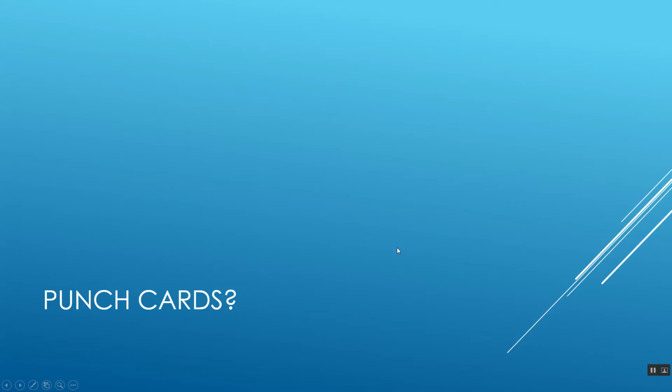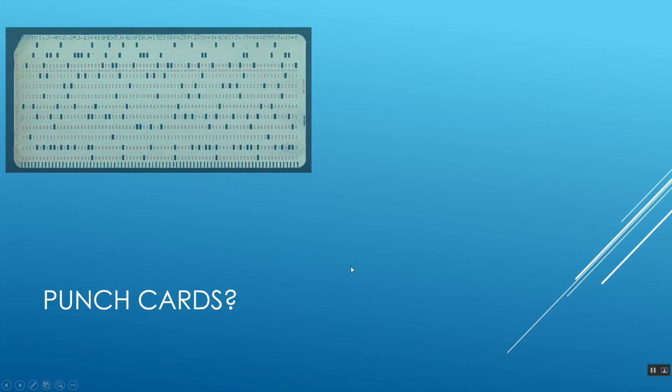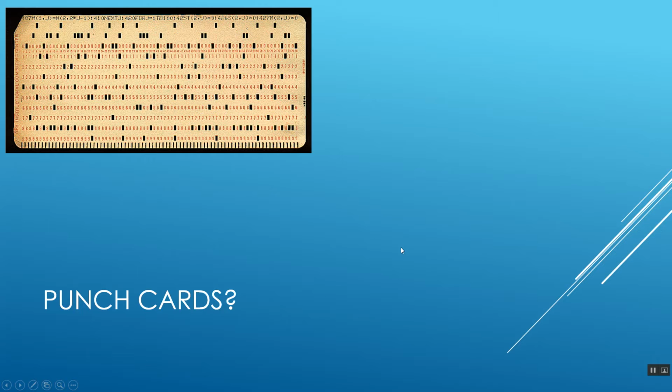Now, we'll talk about our first storage device here. This is a punch card. It's still used in some contexts. In some places, some elections actually still use punch cards and things like this to vote. Kind of ridiculous. You may have heard about hanging chads and various other things years ago in Florida.